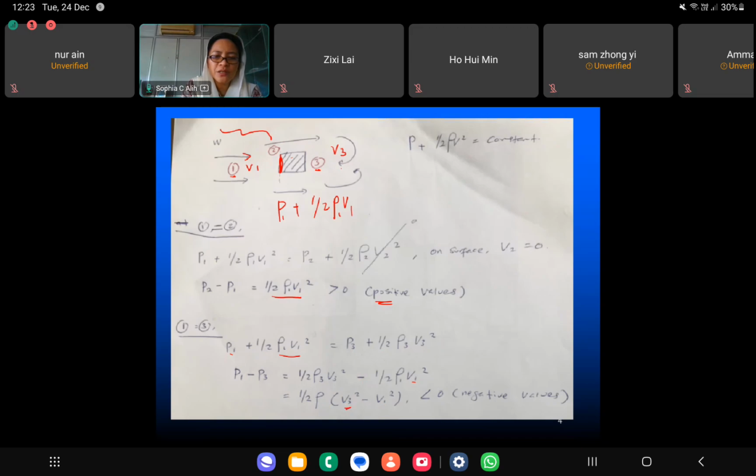So the difference is less than 0, or negative. When you calculate your wind pressure, you can have positive or negative. So don't get confused why my calculation is negative, because negative means suction and positive means pressure.